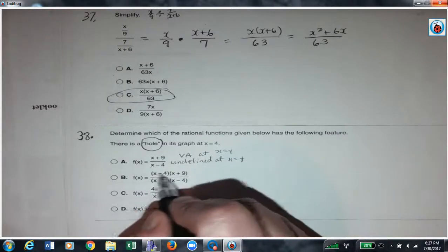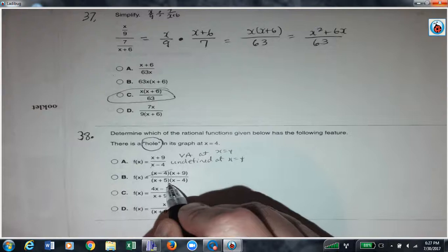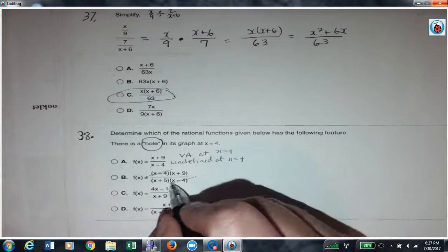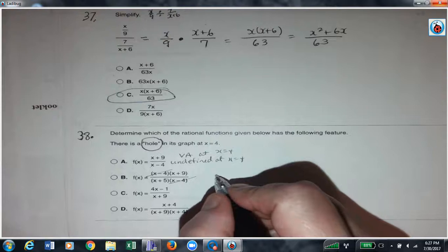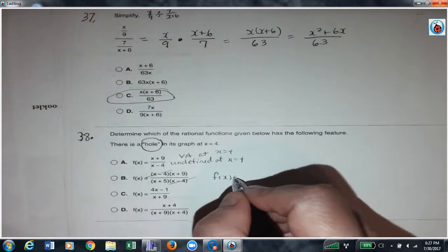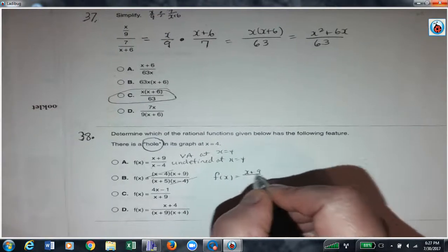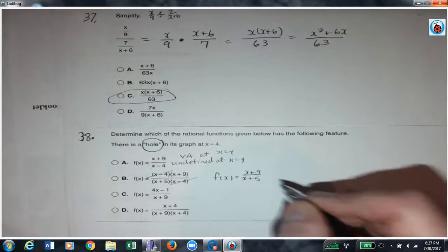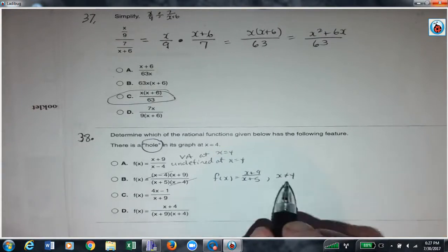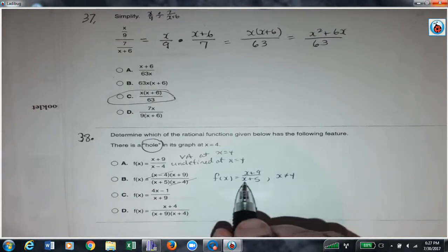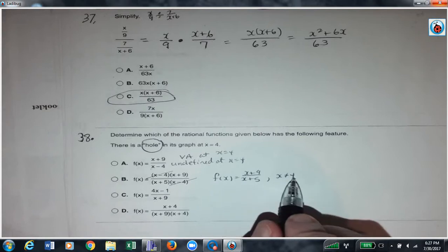This is undefined. This has a hole at x equals 4. So when it's in cancel form, we have that, but it has a hole at x equals 4.